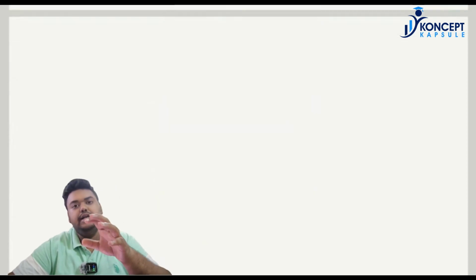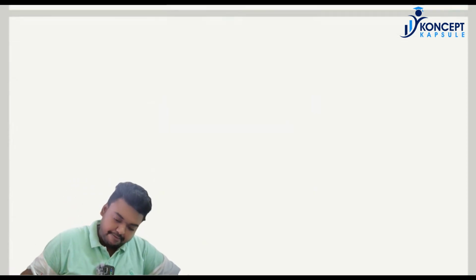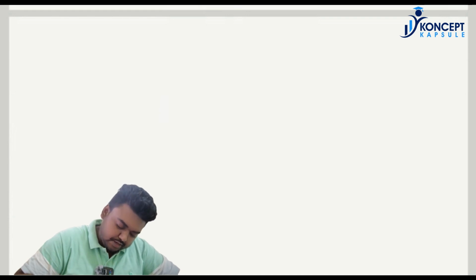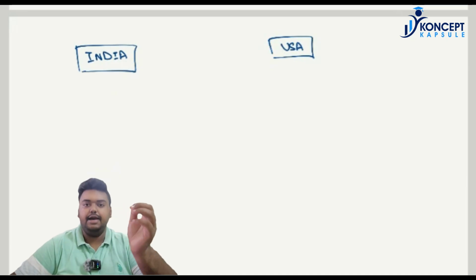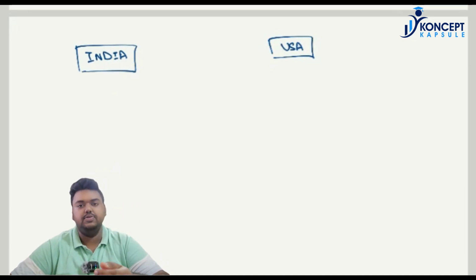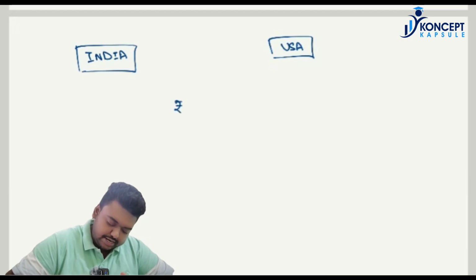Now we will see one more interesting topic. Let us take an example of India and USA. In our entire discussion during the capital flows and during this topic as well, we have been talking about an exchange rate, right? We have been taking examples like 100 rupees per dollar.